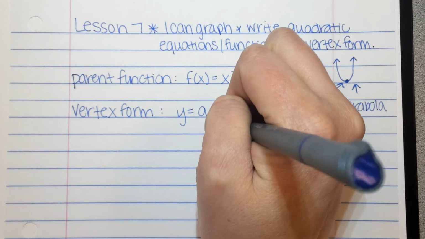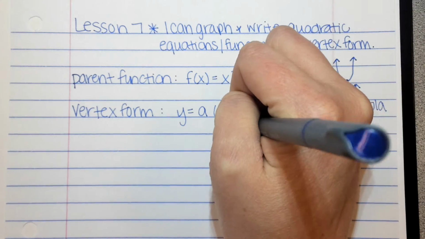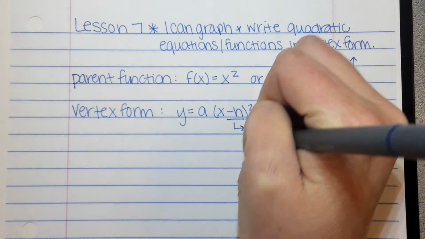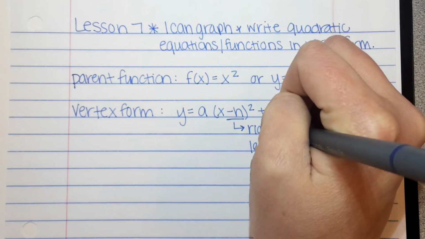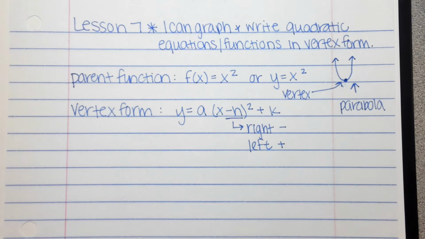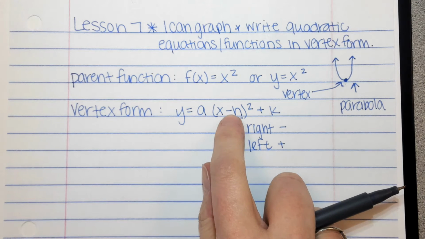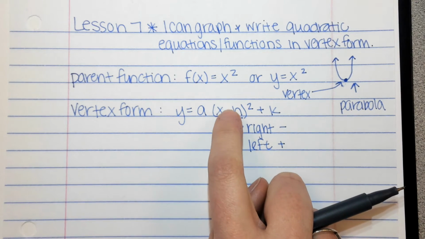So first, you have h. So h tells you if you move right or left. So if this is a negative number, you move right, and if it's positive, you move left. Now, I know that seems opposite or odd, but that negative is part of our form.